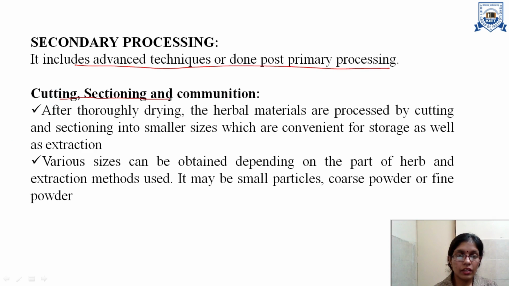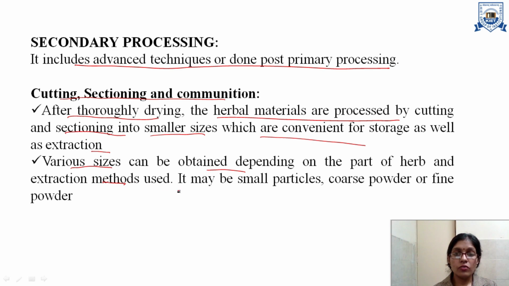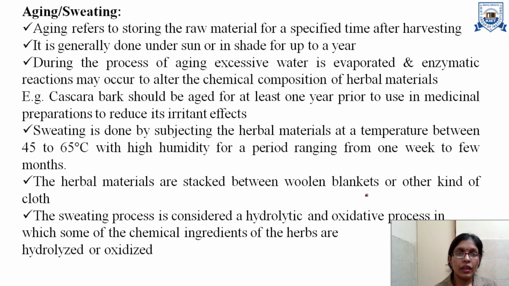Cutting, sectioning and comminution: after thoroughly drying, the herbal materials are processed by cutting and sectioning into smaller sizes, which is convenient for storage, extraction as well as transportation. Various sizes can be obtained depending on the part of the herb and the extraction method to be used. It may be in the form of small particles, coarse powder or even fine powder.